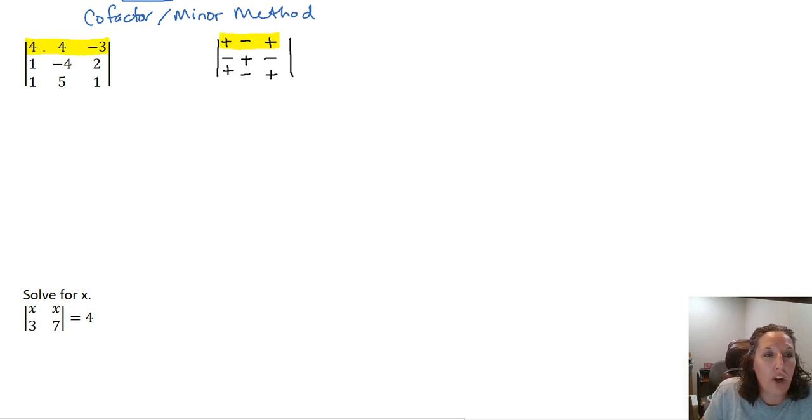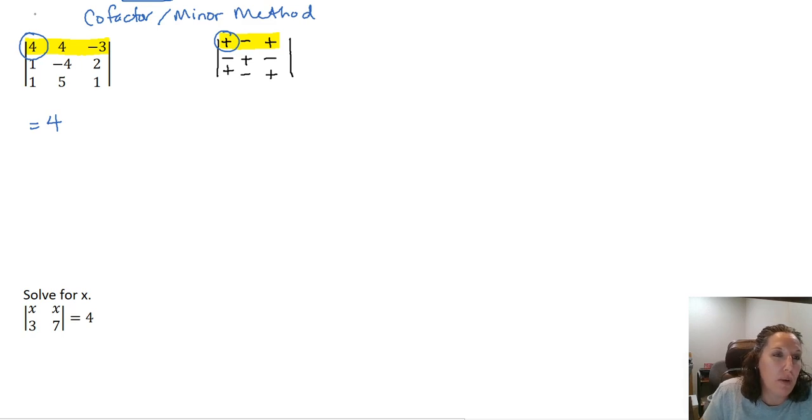All right, so our cofactors are the numbers that are in our row or column that we pick. In this case, we picked the row 4, 4, negative 3. So those are going to be our cofactors. The minor part of it is if we take that particular cofactor, so let's look at this 4 that's in the top left-hand corner first, and we're adding it because that's the sign that we have in our checkerboard.